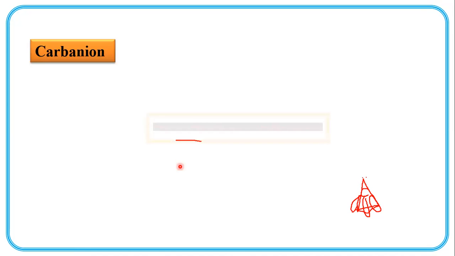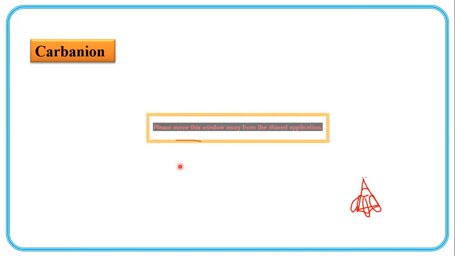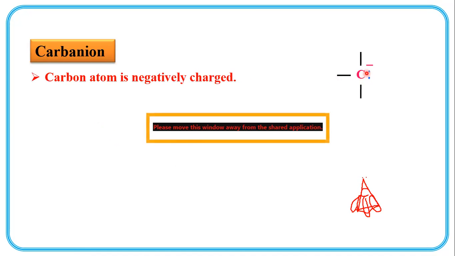Carbanion. So here carbon having negative charge, and total how many electrons in its outermost shell? See, 1, 2, 3, 4, 5, 6, 7, 8. 8 electrons in its last orbit.